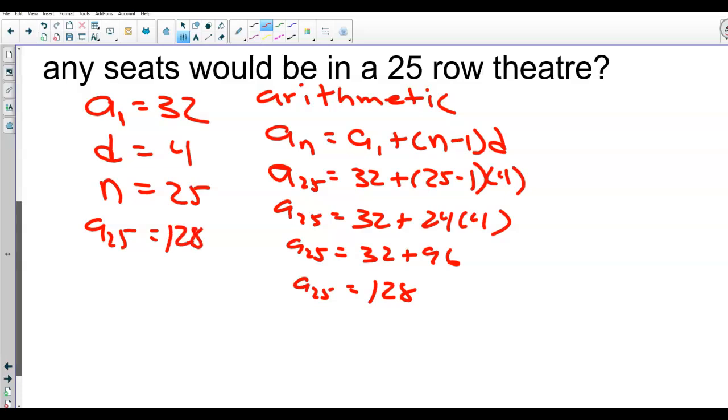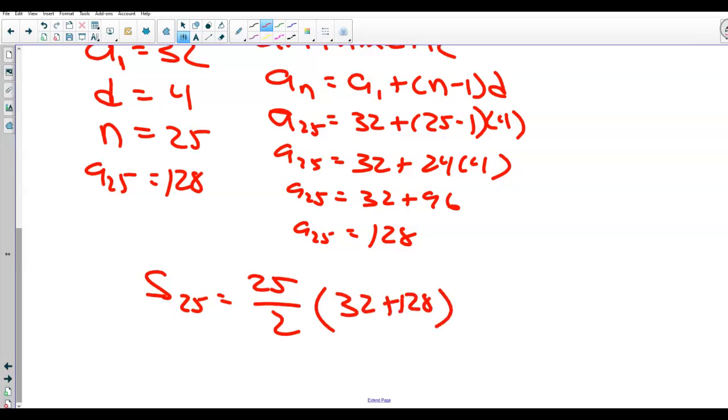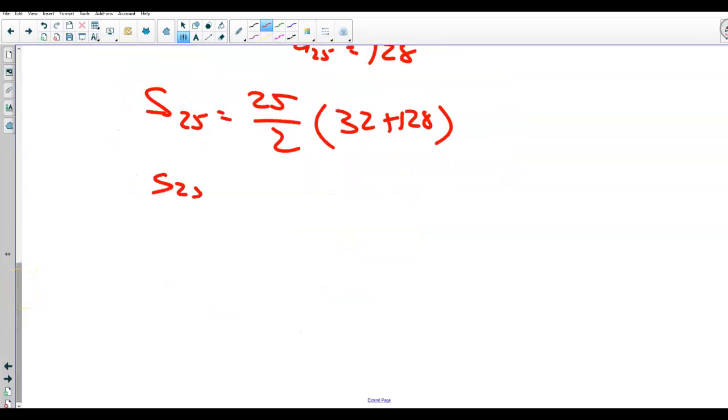So this is the information necessary for the sum. So my series, I'm going to do S of 25 is equal to 25 over 2 times (32 plus 128). 25 over 2, 32 and 128 is 160. 160 divided by 2 is 80.